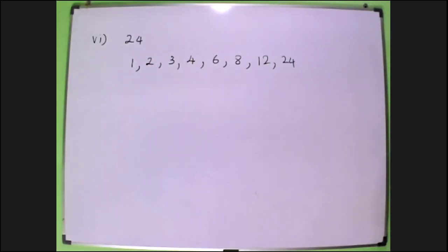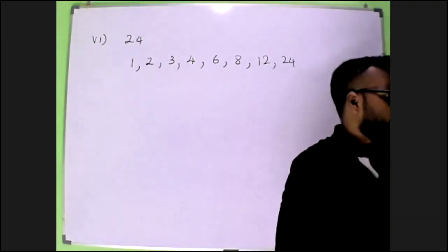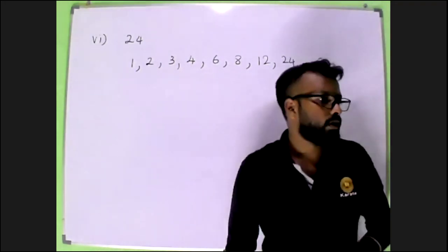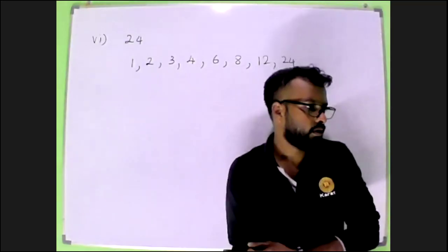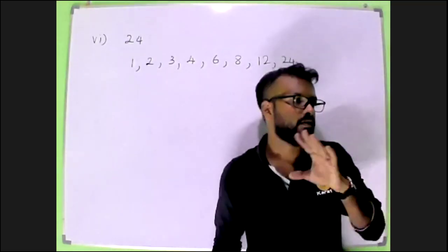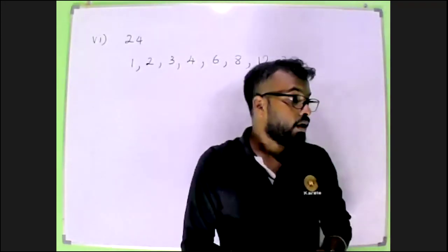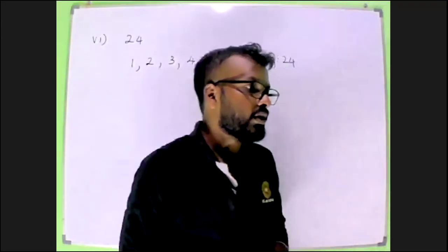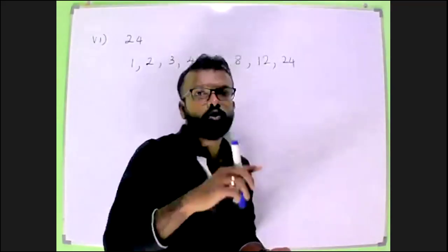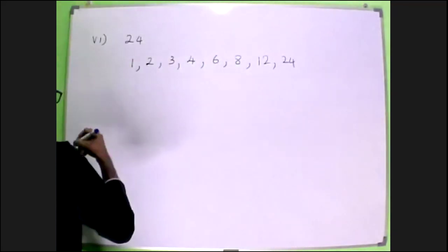Right, let's move on to the second one. So there are two figures. The first one is a rectangle with 6 and 4 centimeters. The next one is a square with the length of a side 4 centimeters. So I will draw this.